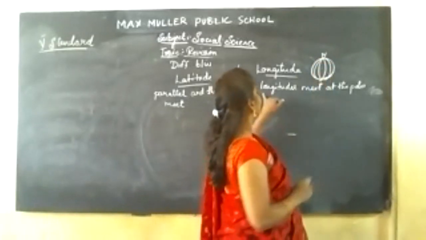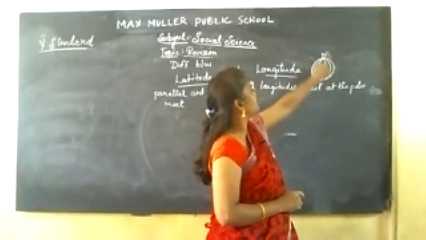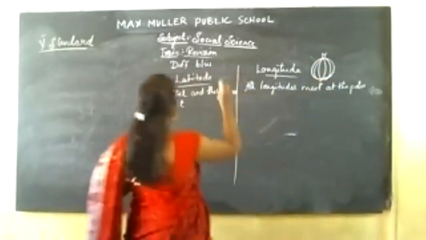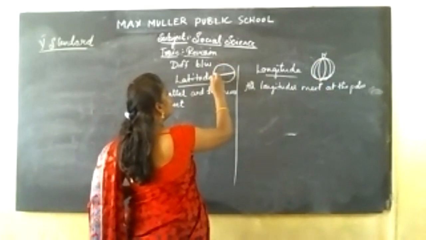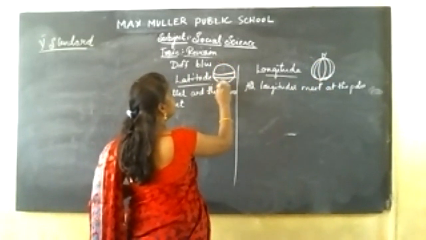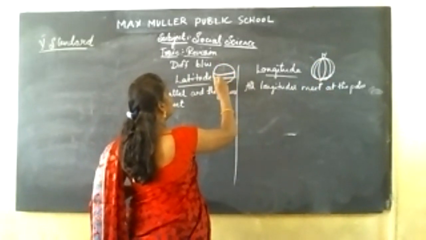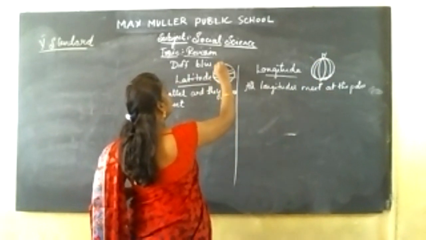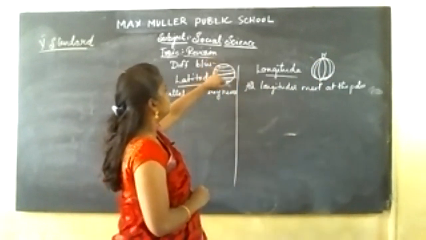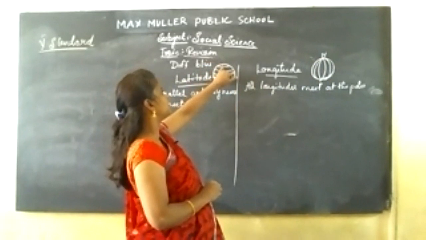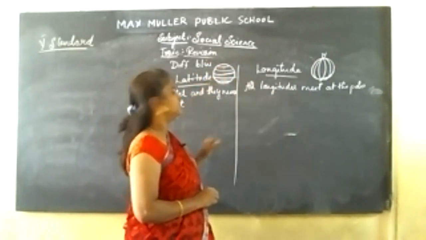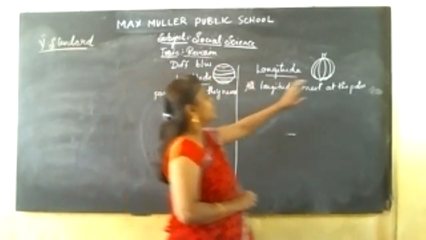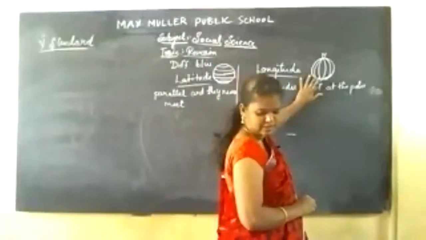So here all longitudes are meeting at the poles. Whereas in latitude, what's happening? It's all parallel. You can see the imaginary lines which are parallel to each other and not meeting each other. So these are latitudes and these are longitudes.